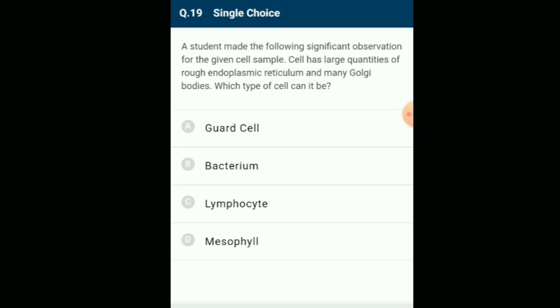Guard cell is part of stomata, which works by imbibing and releasing water, supporting in opening and closing of stomata. Mesophyll, part of leaf in plant, contains high amount of chlorophyll tissue, thus involved in starch production rather than protein. Lastly, lymphocyte, a type of WBC, is involved in making antibodies which are protein. Rough endoplasmic reticulum is involved and Golgi bodies help in secreting out those produced antibodies. So the answer for this question is option C, lymphocyte.